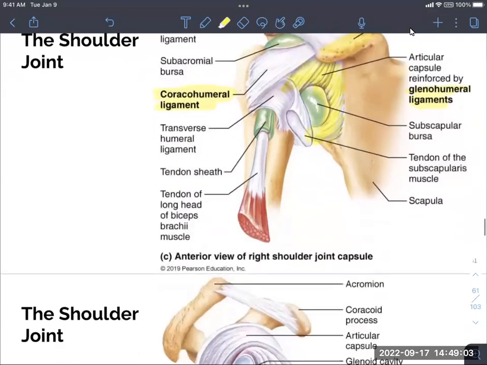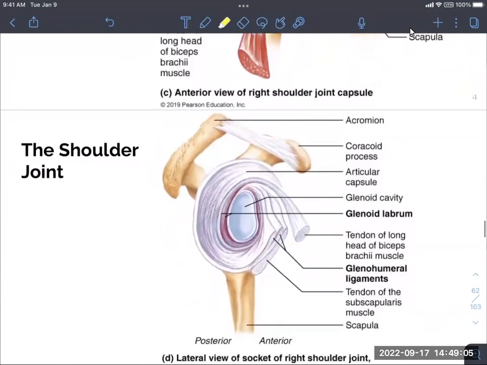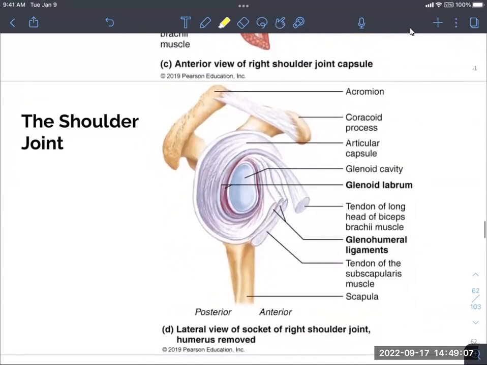It's kind of nice. So here is what your shoulder looks like if you're looking straight on. You see all these ligaments, you see this articular capsule through here. There's a lot going on to help hold your shoulder in place and give some stability to your shoulder.